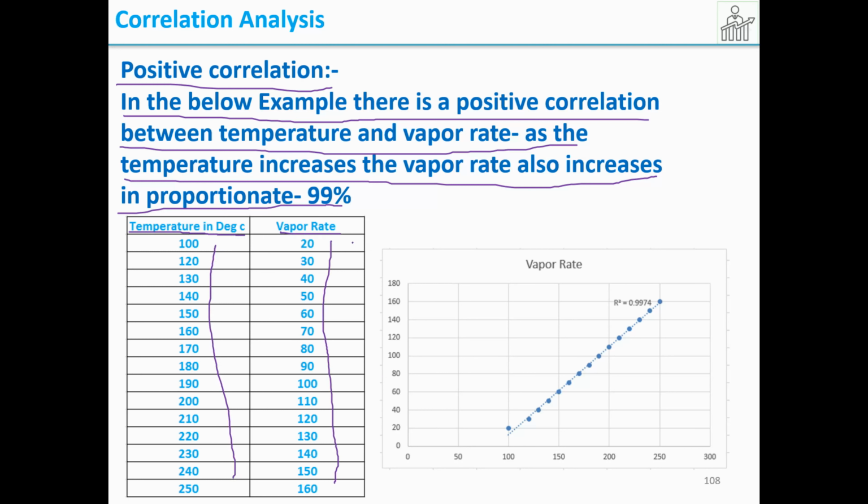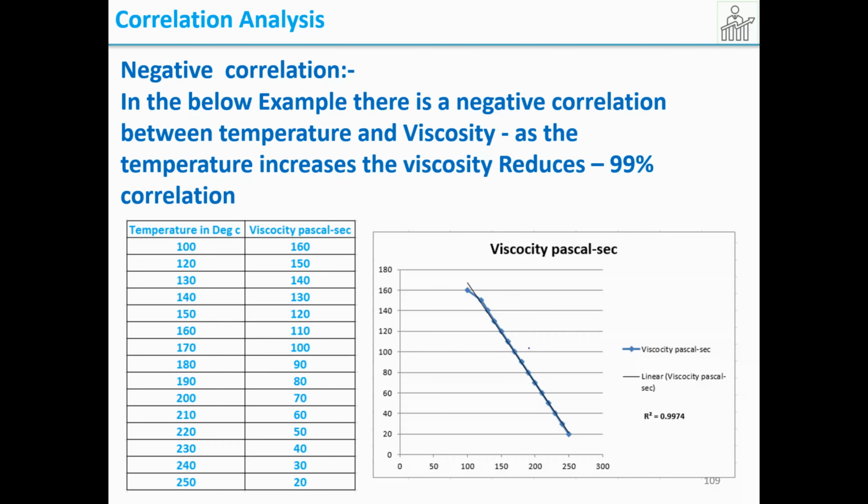As the temperature increases, the vapor rate also increases. That means for temperature and vapor rate there is a correlation. Here R square value is 99.7. That means 99% there is a correlation between the temperature and the vapor. Next is negative correlation.